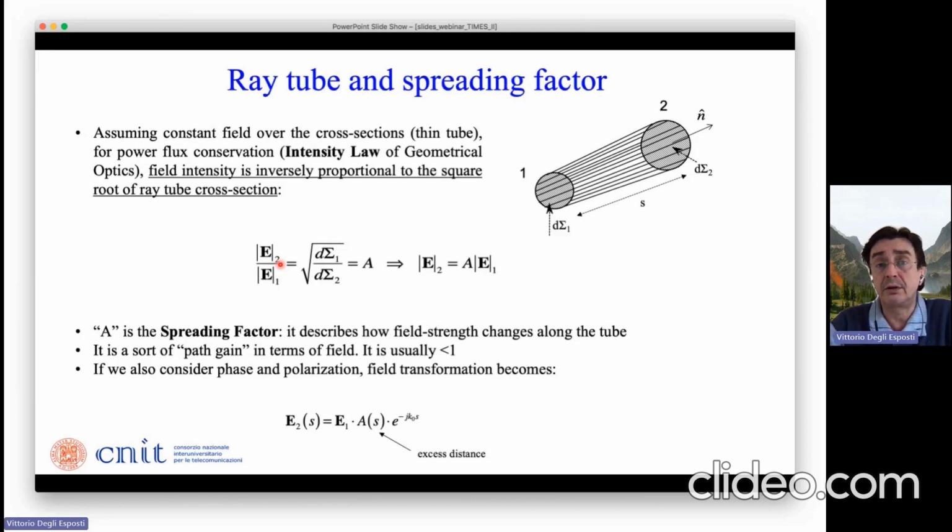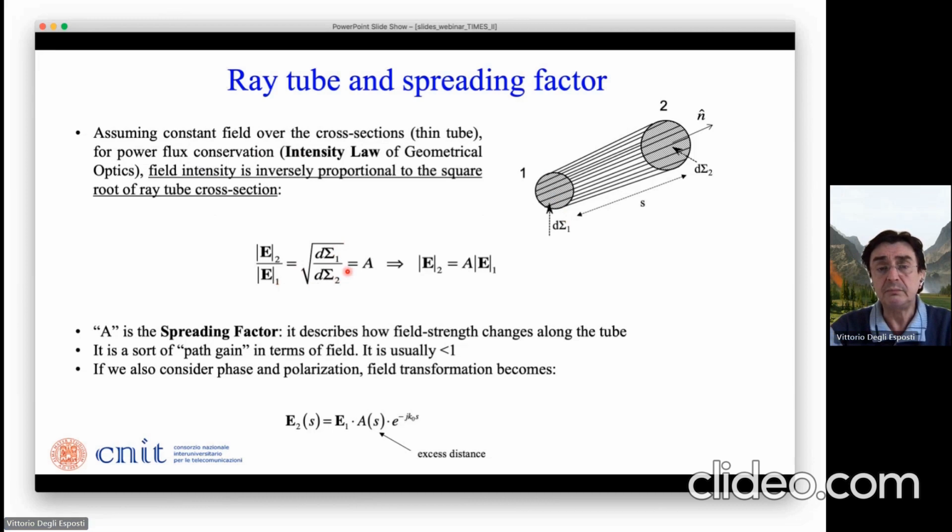Assuming constant field over the cross-section, for power flux conservation, we can derive the intensity law of geometrical optics that states that field intensity is inversely proportional to the square root of ray tube cross-section. So the narrower the ray tube, the greater the intensity, which is the modulus of the field. And therefore, this equation applies.